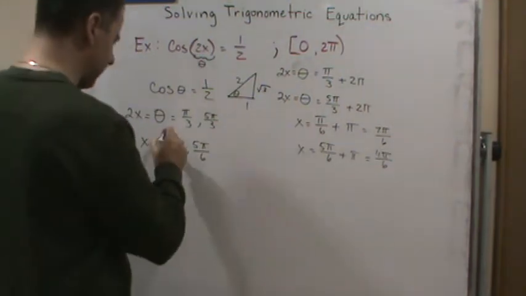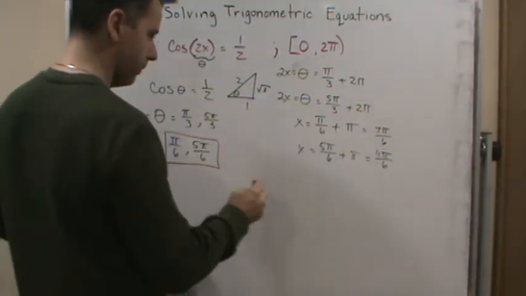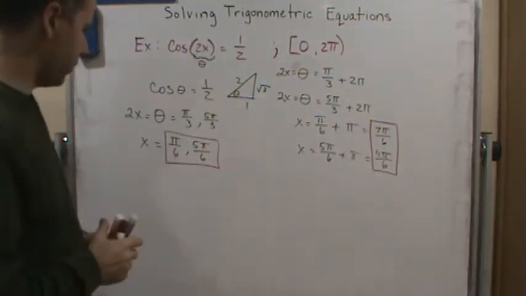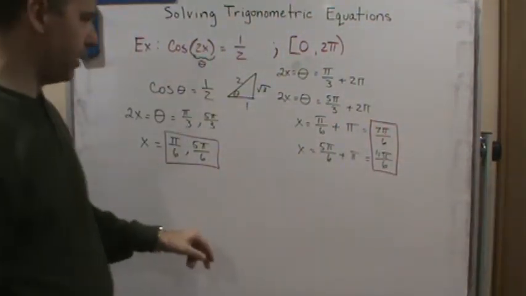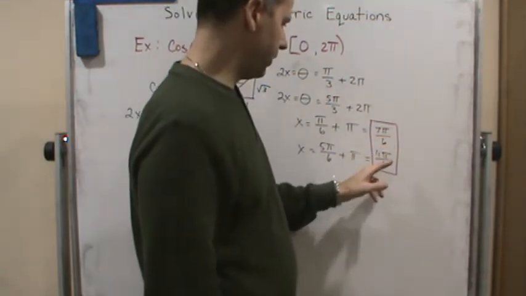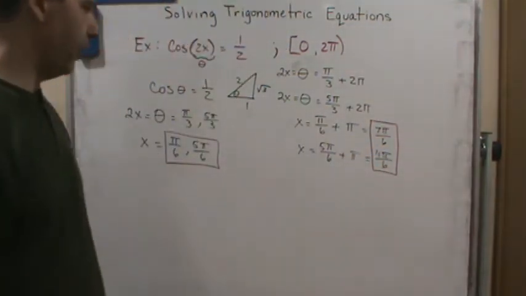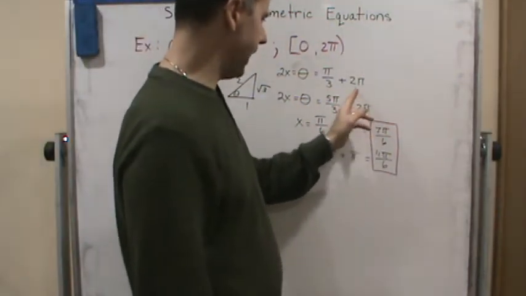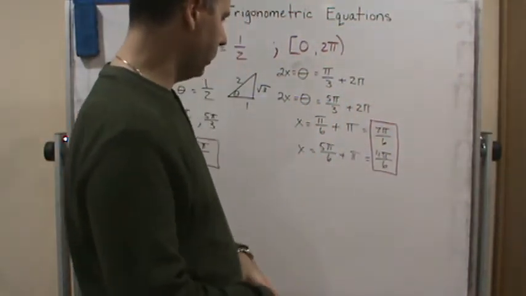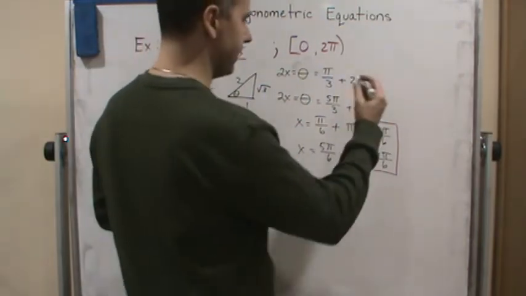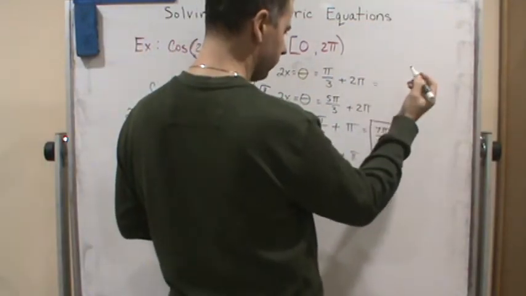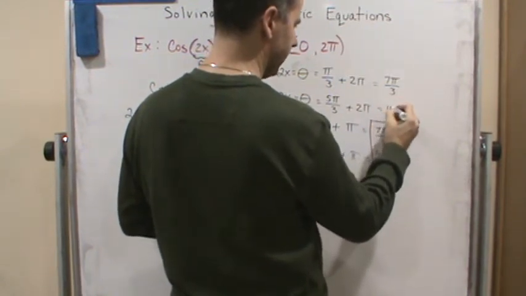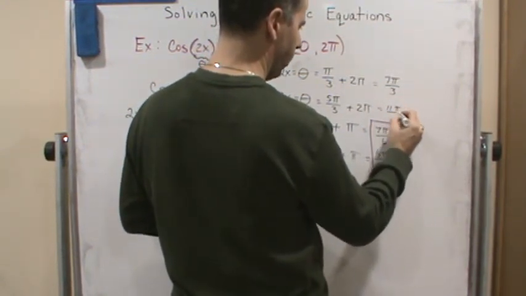Now notice, we're still not at 2 pi, we're still under 2 pi. But here's the thing, I've got these two, and I've got these two. Notice that these two are in the first and second quadrant, and these two are in the third and fourth quadrant. Now, if we go one more, if we add 2 pi again to the 2 that we got here, so this is going to equal 7 pi over 3 and this is going to equal 11 pi over 3.